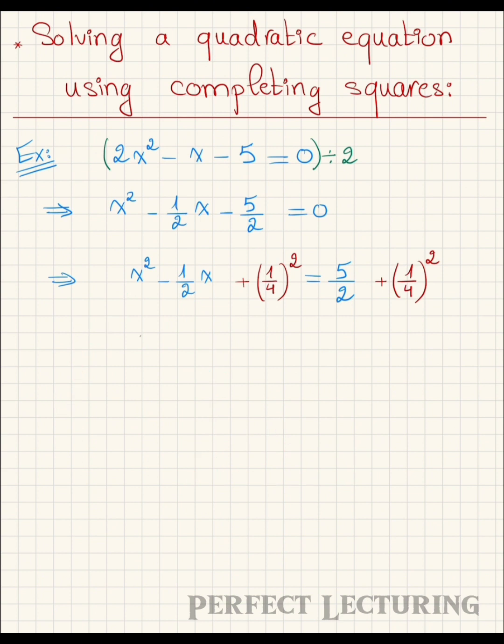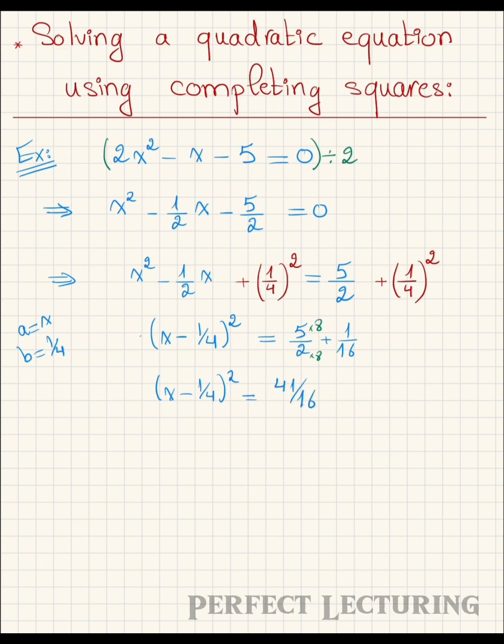We now can factor the left side, and that's a perfect square, so it is x minus 1 over 4 squared, and the right side becomes 5 over 2 plus 1 over 16. We find a common denominator, so we multiply by 8 up and down. So this becomes x minus 1 over 4 to the power of 2 is equal to 41 over 16.